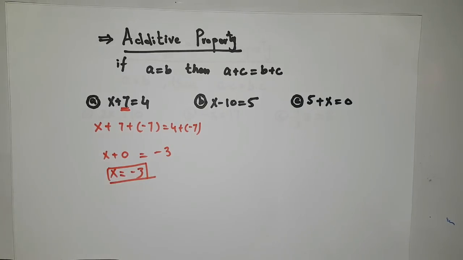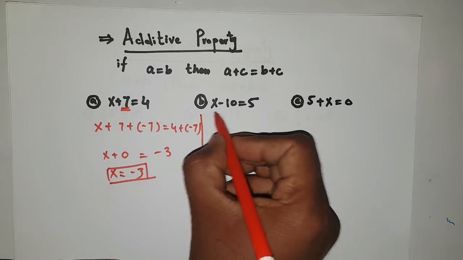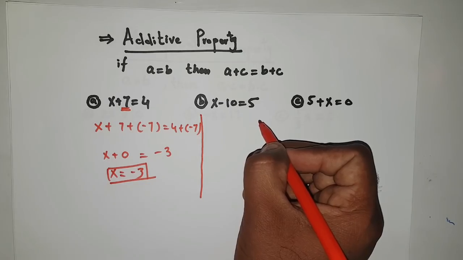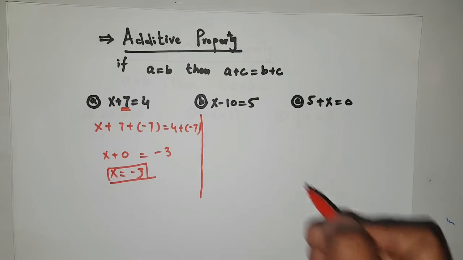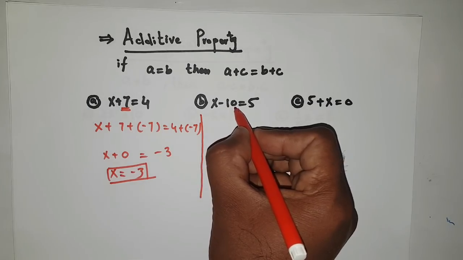This is our solution. The next example is x minus 10 is equal to 5, and we want to solve this equation for x. So we will have to remove minus 10 from here.